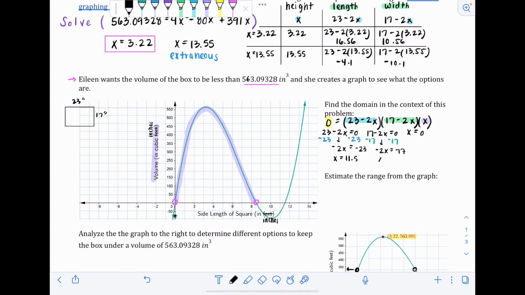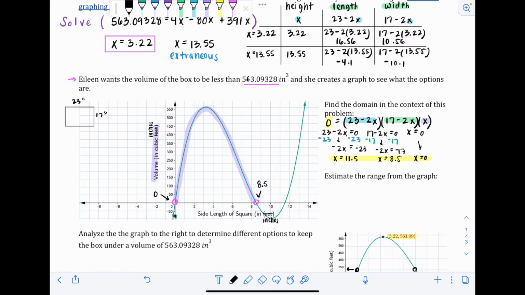If I divide both sides by negative 2, I get positive 8.5. The last one, I don't have to do any solving. It was already x equals 0. So those are all of our zeros, or x-intercepts. If we go back and look at the graph, we can see it crosses through at 0, and that's telling us that this is an exact zero, or x-intercept, at 8.5.